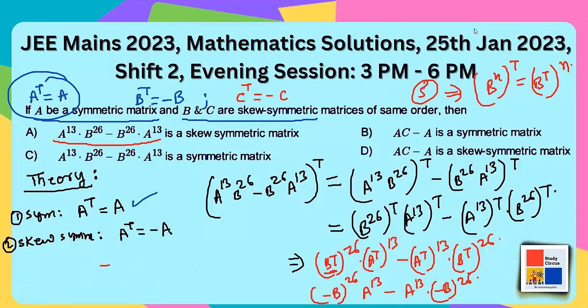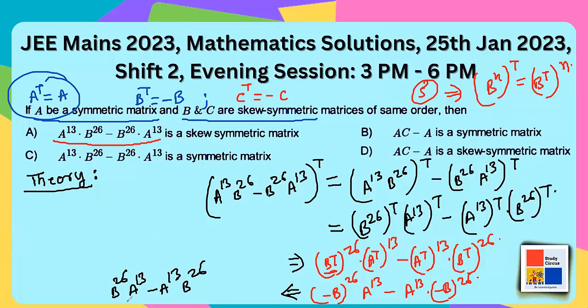So from here you can say this thing is B to the power 26, A to the power 13 minus A to the power 13, B to the power 26, because 26 is an even number. So the transpose of the thing I started with is coming out as this.